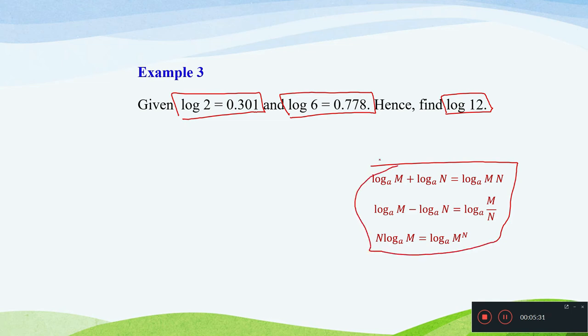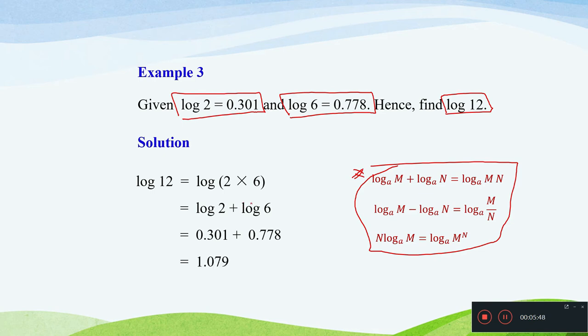As you can see, log 12 can be written as 2 times 6. And then we can use this first rule, change it to plus. Since log 2 is equal to 0.301, you substitute the values, and this is also given. Okay, just add both of the answers and you get this.